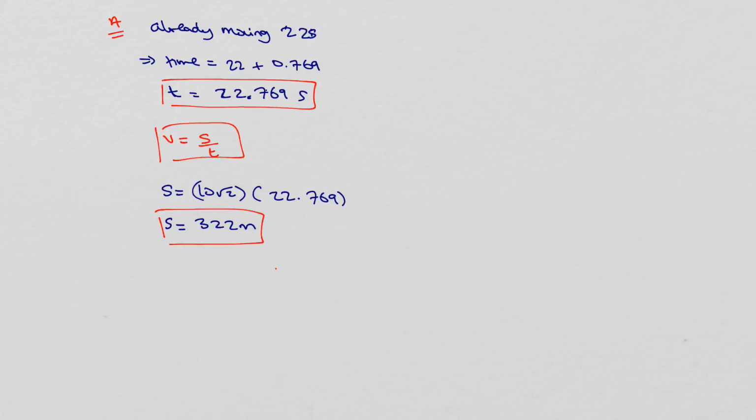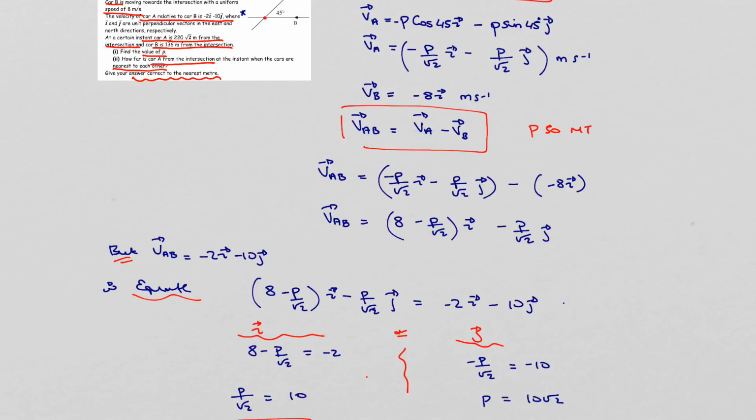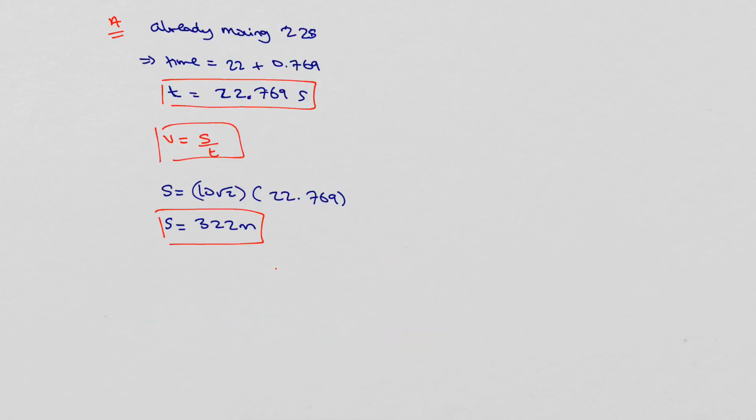Now if we go back to the start, A was actually 220 root 2 metres from the intersection at the start.